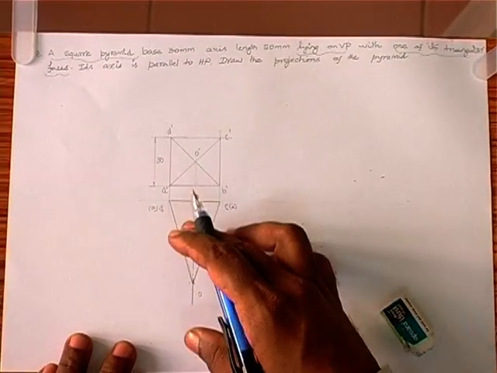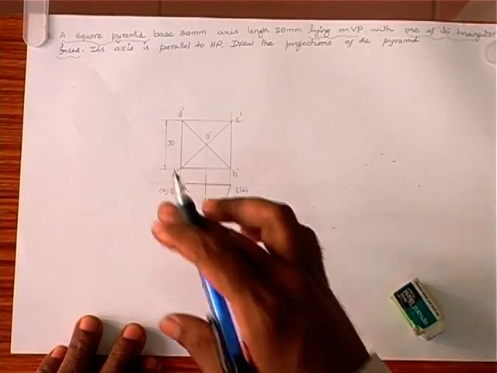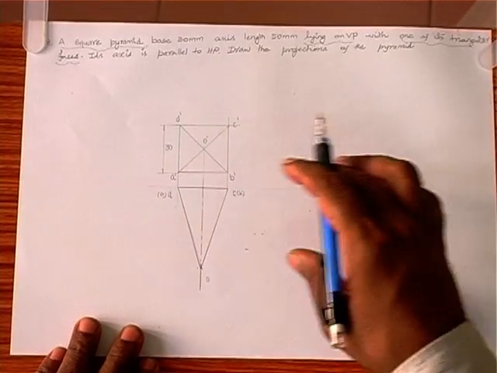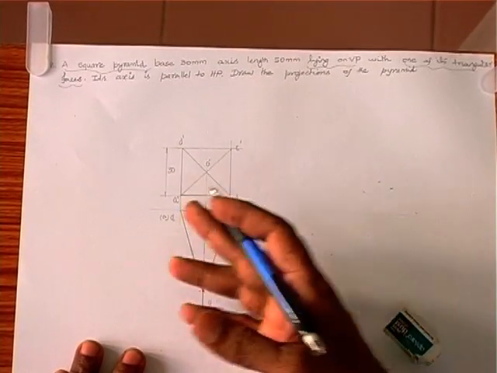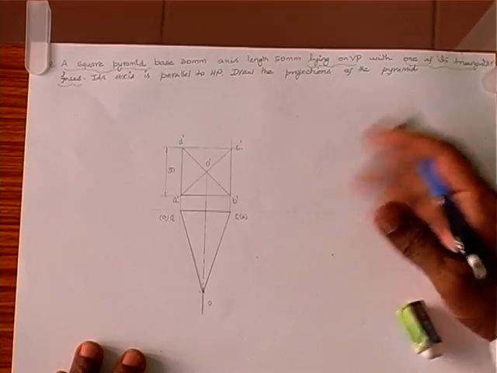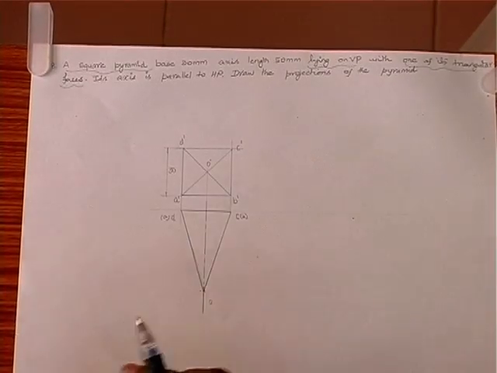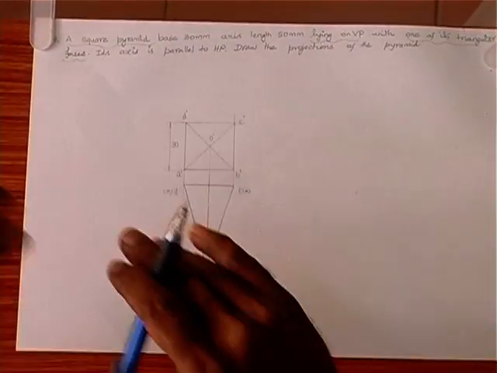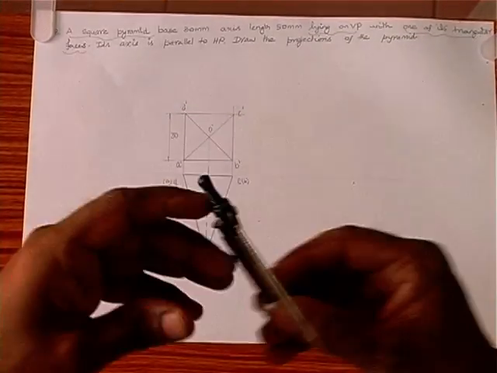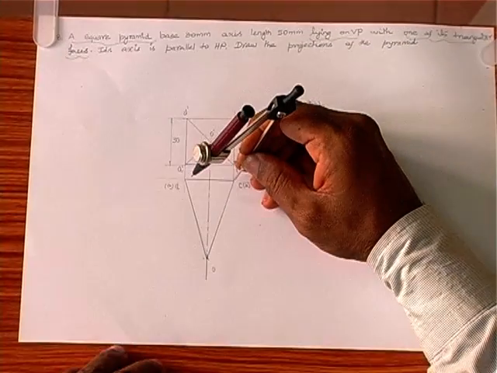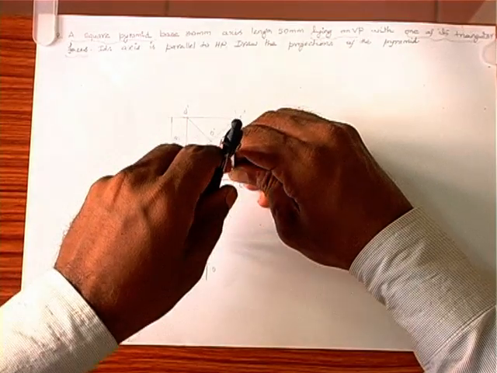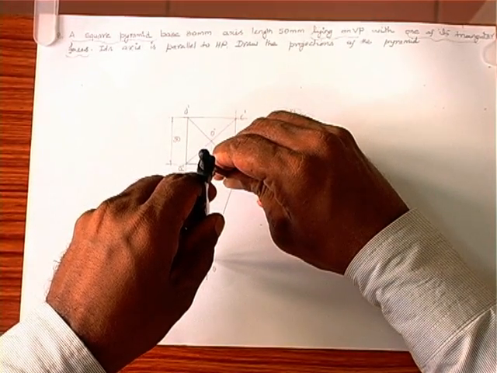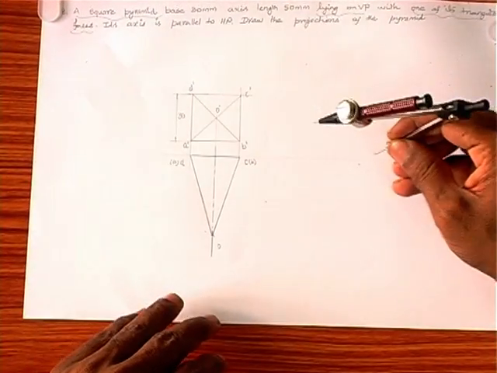Now that we have the entire base completely on VP, in the second stage we are going to make one triangular face on the VP. So now we have to take one slant edge along with the vertex, and it becomes a triangular face.